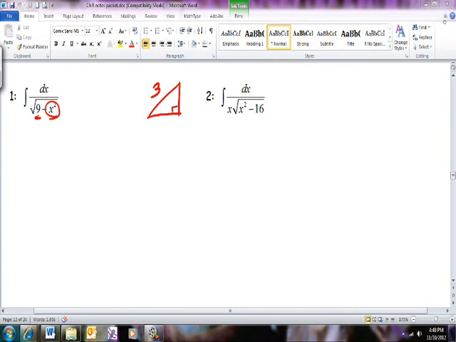One of the sides is going to be x, and the other side is going to be the square root of 9 minus x squared. Anytime you have a subtraction in here, it's always one of the sides. Now these two sides could be switched, but for consistency, we're going to put the more complicated side on the opposite of our angle, because all of our angles are going to be bottom left here, and the easier side on the close side.